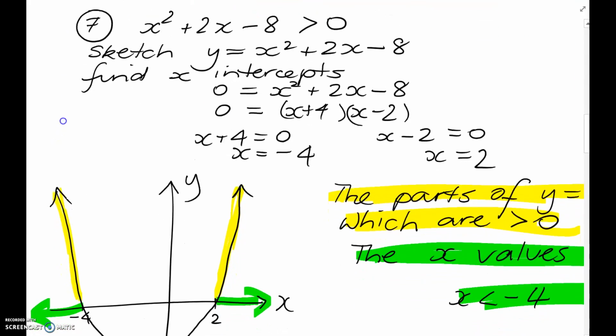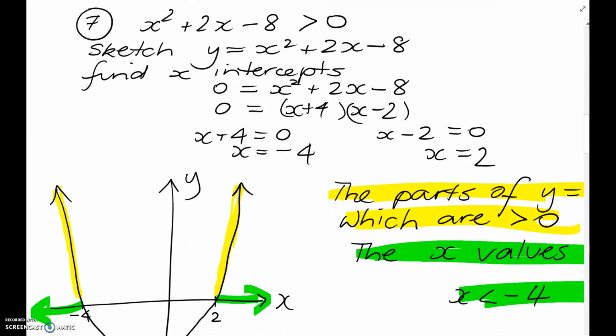Let's look at 7. So what's the parabola that would be helpful here? Y equals x squared plus 2x minus 8. So I sketched that. First of all, I had to find the x-intercepts to be able to do it. If you solve equal to 0, do a bit of work, you'll find that x equals minus 4 and x equals 2 are the x-intercepts.